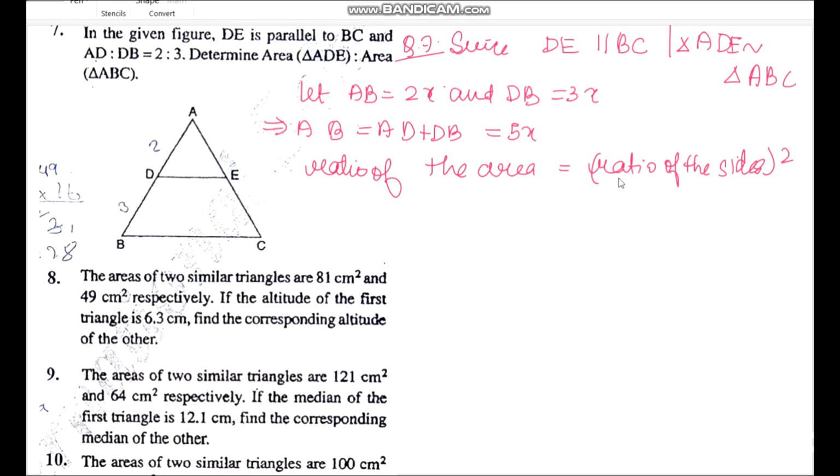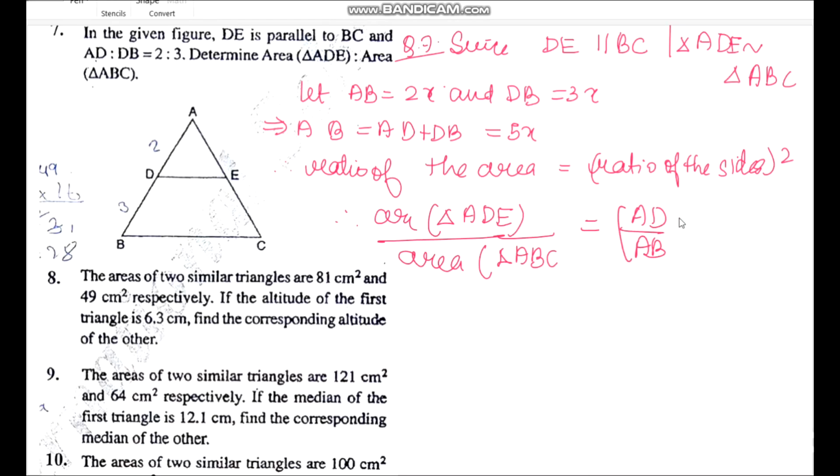So I can apply my law and write that area of triangle ADE upon area of triangle ABC is equal to AD by AB whole square, which is 2x upon 5x whole square, and this will be 4 by 25. So the required ratio is 4 by 25.